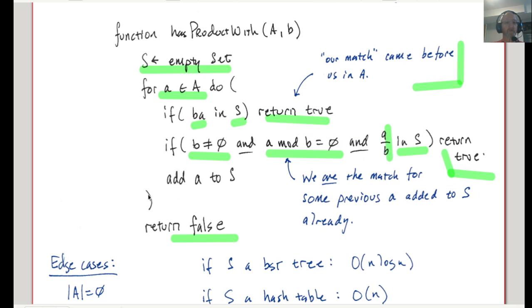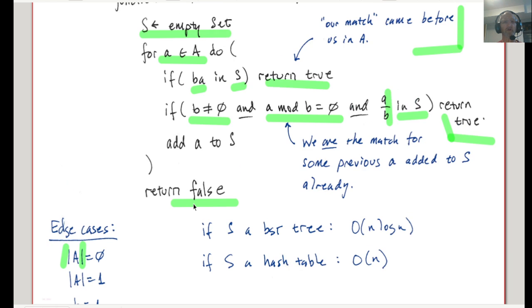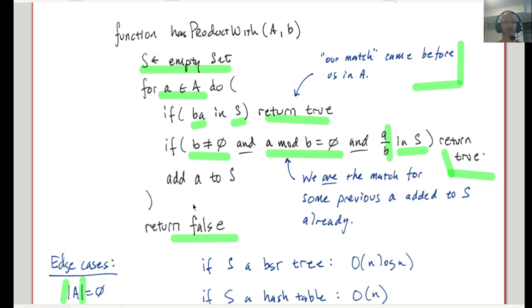Does this algorithm work for the edge cases? If the size of A, and these are cardinality bars, not absolute value. Cardinality means number of, or the size of a set. Is the array empty, or does it have only one element?